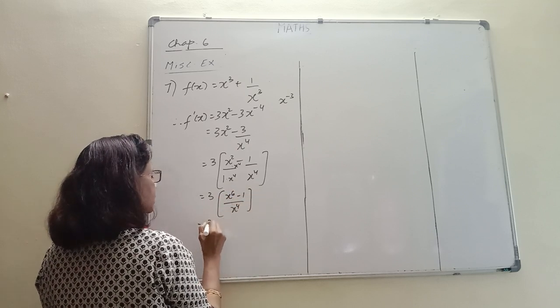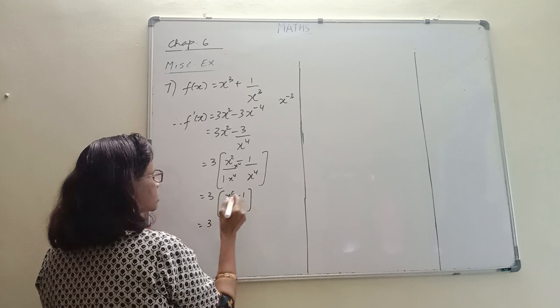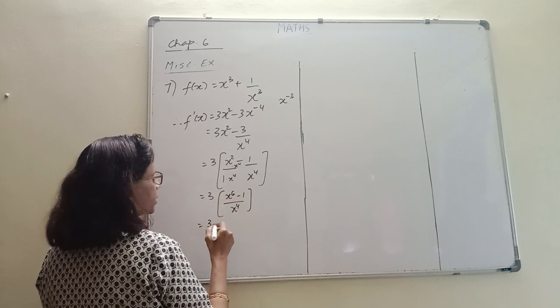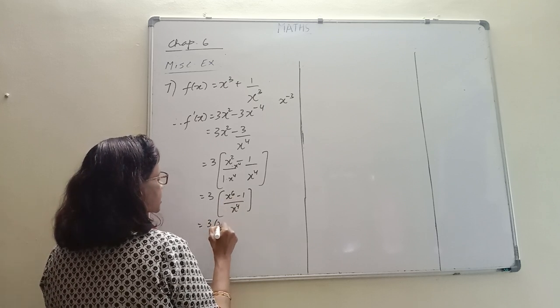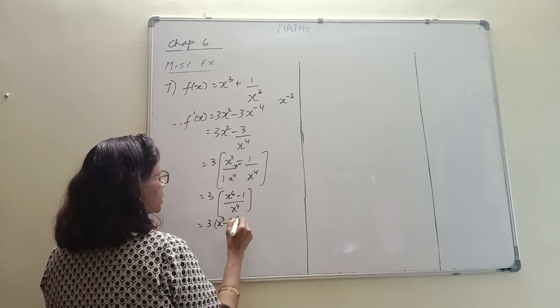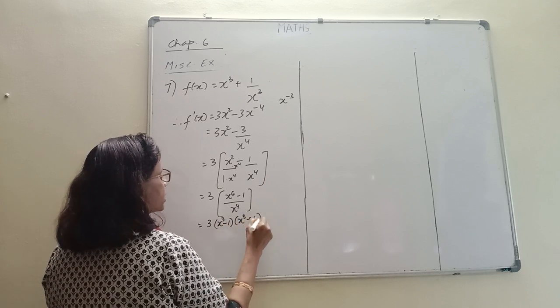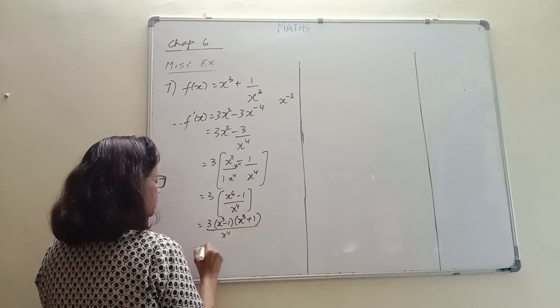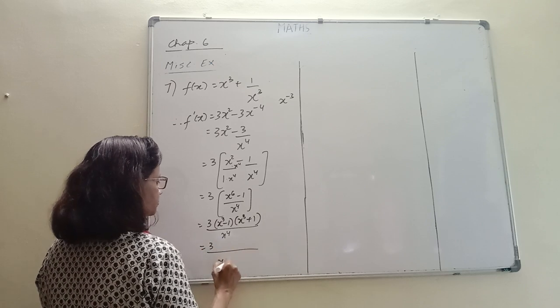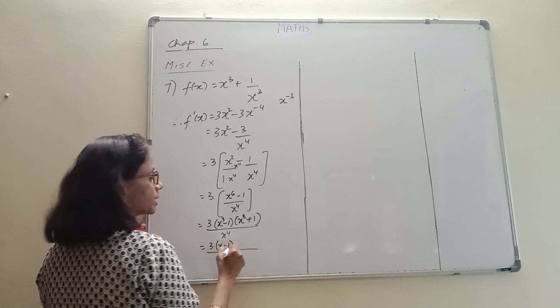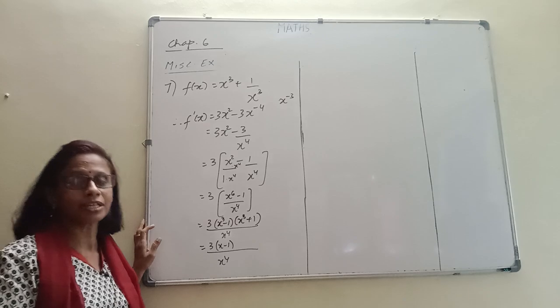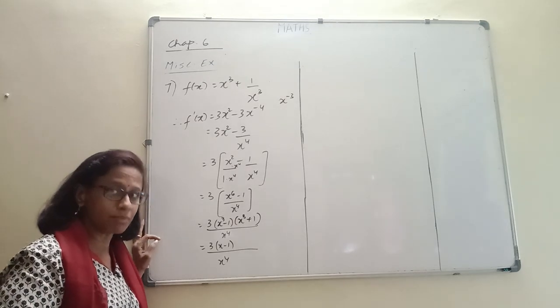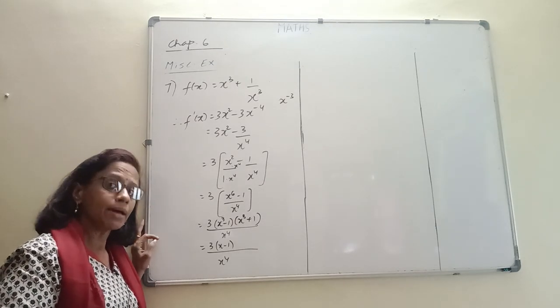We have learned this earlier, that x raised to 6 minus 1 can be split as x cube minus 1, x cube plus 1 over x raised to 4, which can be further split. In the 9th standard, we have learned a cube minus b cube is a minus b times a squared plus ab plus b squared.